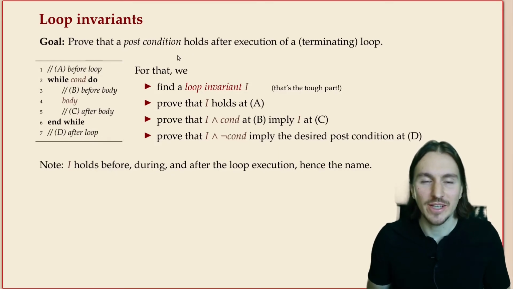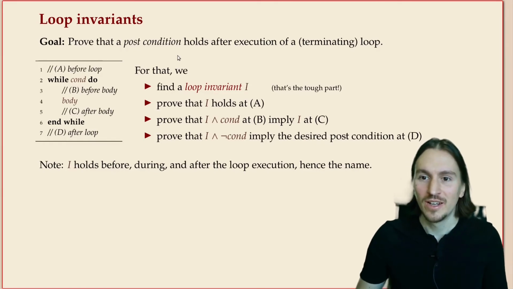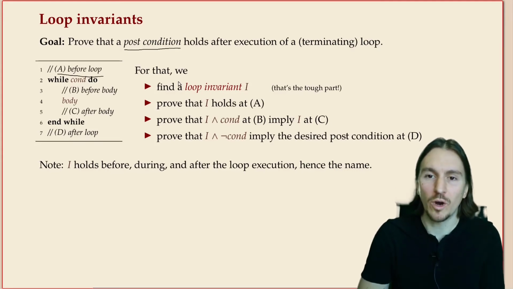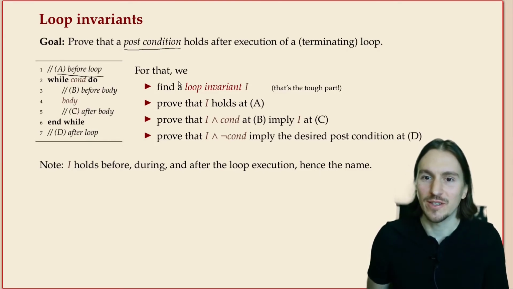That could be something like the input is valid. We're given a list of numbers, and they're all integer numbers. That's the precondition, A. That's something that holds before the loop.